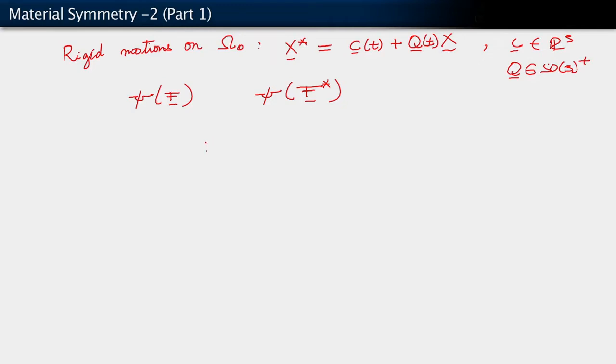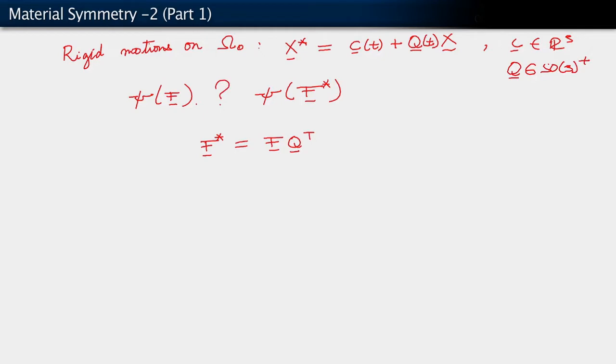And we saw that F star is F Q transpose. So really the question is, how are these two related? How is psi of F related to psi of F star?